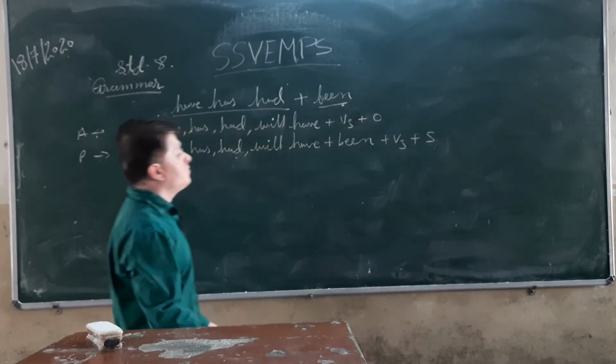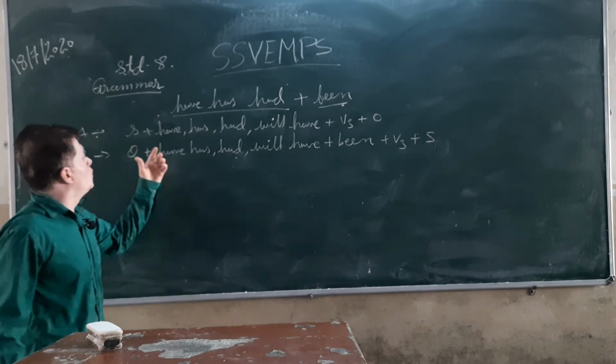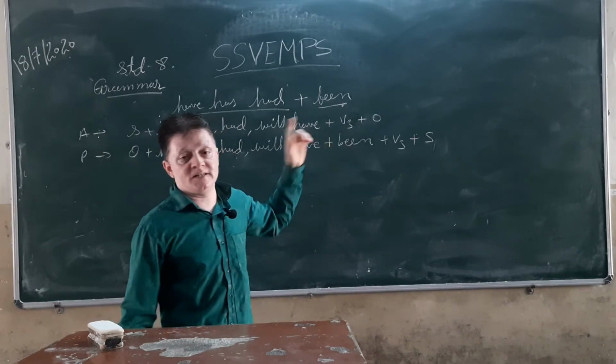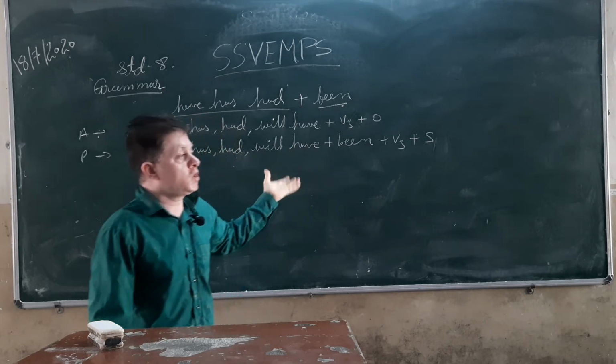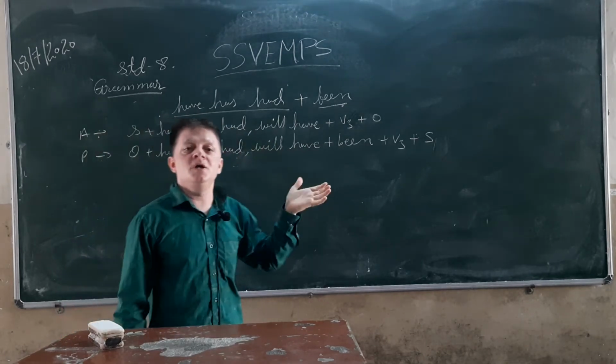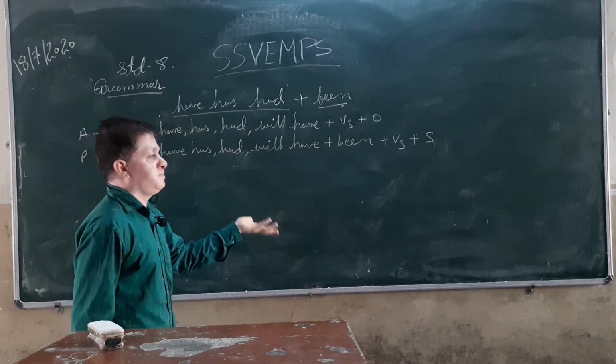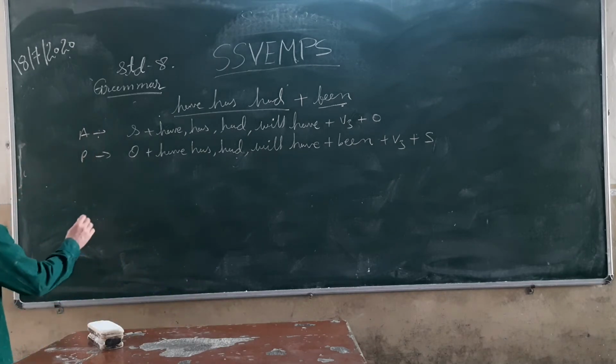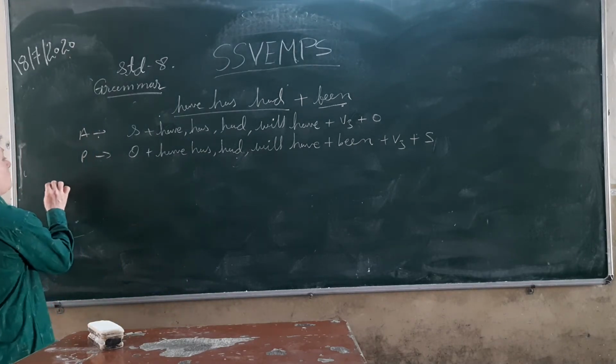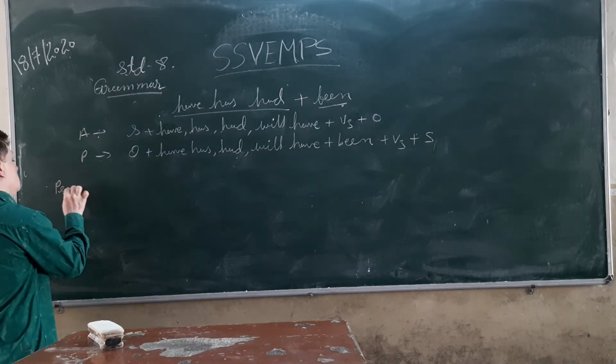Dear friends, you have one benefit: V3 is available in the perfect tenses, so you should not convert the main verb into V3 or the past participle form. Okay, now we have an example. This is for the present perfect tense.